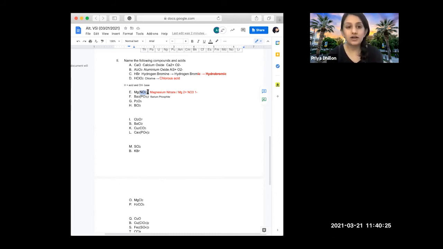So 3 oxygens means nitrate, and so forth. Usually 8 is the last one, but for phosphate, the rule is a little different. When you have PO4, that is phosphate, and PO2 is phosphite, from what I can remember.